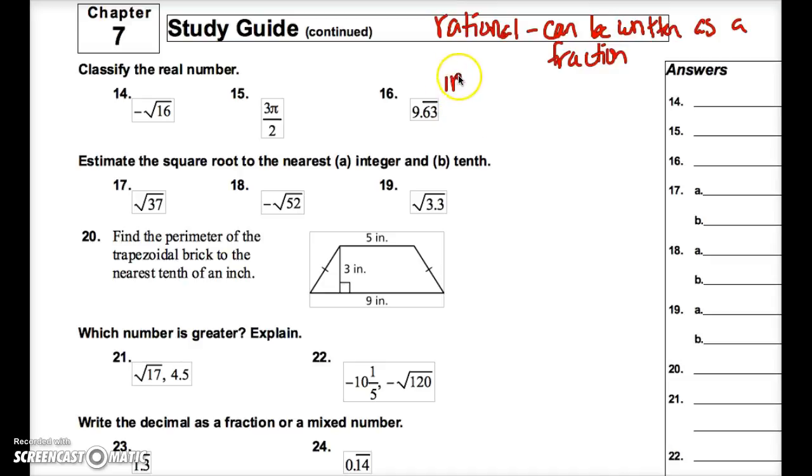And irrational is the opposite. Okay, we mentioned that pi is irrational. We also said that it is not a repeating or terminating, meaning it stops, decimal.